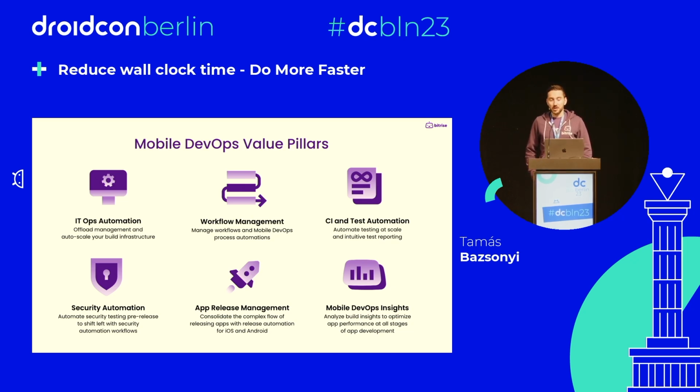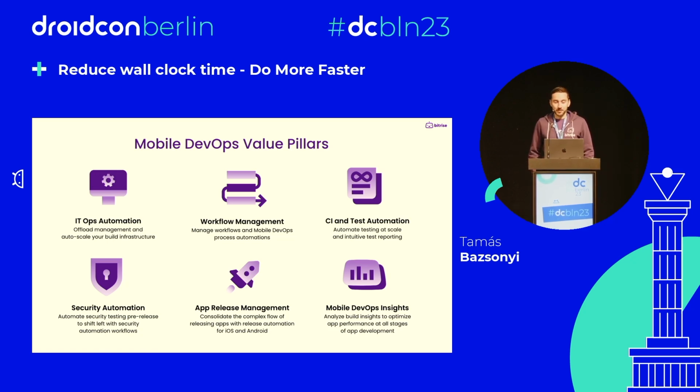The next one is security automation, basically ensuring that your application is built securely and created securely as well from a very early stage. Basically, with mobile DevOps, you would be able to implement a shift-left testing kind of approach, where you are testing as early as possible and as frequently as possible to make sure that as few bugs get out to production as possible.